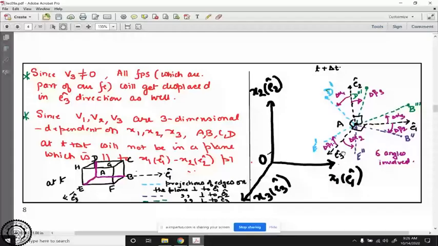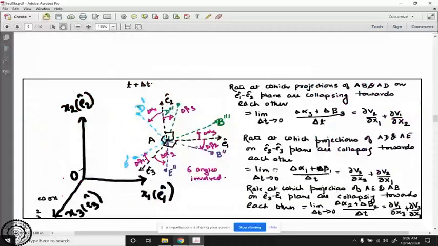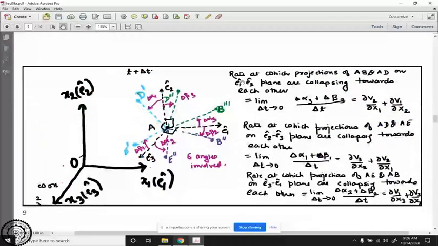All right, so having recognized these angles, one may now ask the pertinent question: at what rate are the projections of AB and AD on the E1, E2 plane collapsing towards each other?